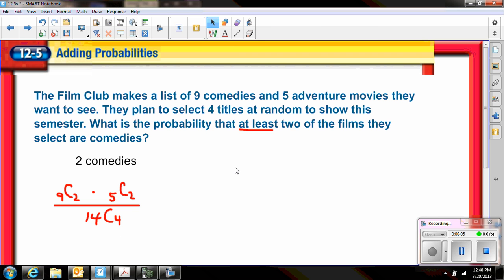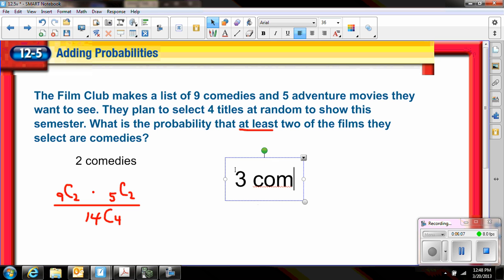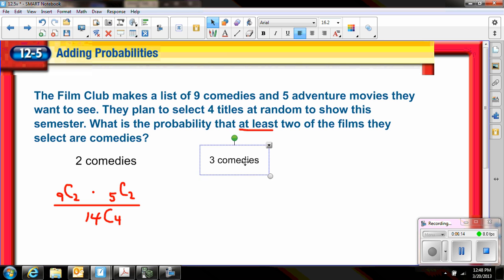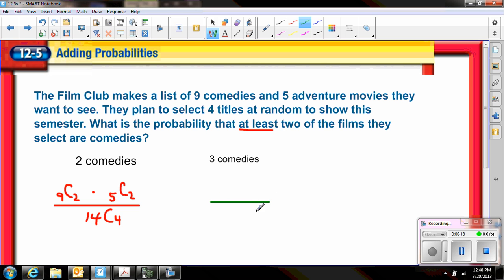Now, because that word "at least" is there, that means I can also potentially have 3 comedies in one semester. So to calculate 3 comedies, we again first figure out the total number we could have, which is the 14C4. 14 total movies, I'm choosing 4.